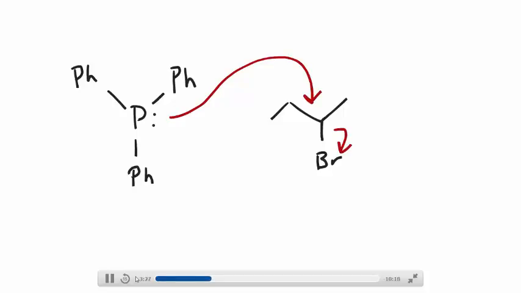But you will have the phosphorus come in from behind and kick out your leaving group, which will make an alkyl triphenylphosphonium halide complex. So you still have the backbone that you had previously, but instead of having the halogen here, we have the phosphorus.